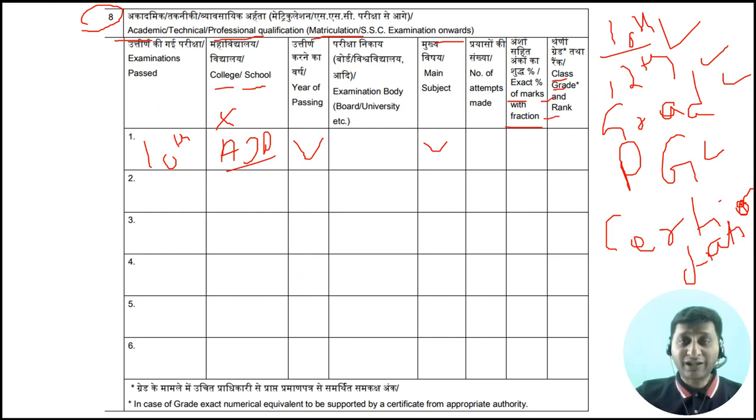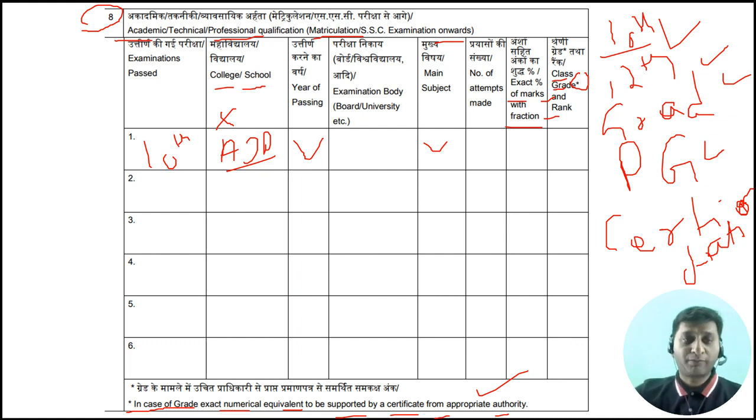And there is an asterisk here, which has been explained below, that in case of grade, the numerical equivalent is to be supported by a certificate from the appropriate authority. So if you have a CGPA, you would be required to produce a certificate from the appropriate authority, which indicates what the CGPA is equivalent to in percentage, right?